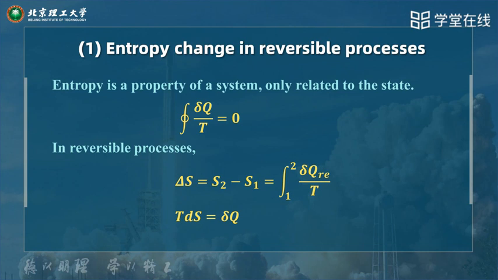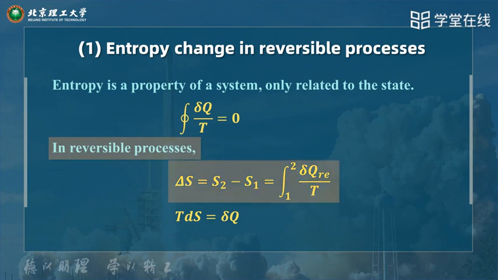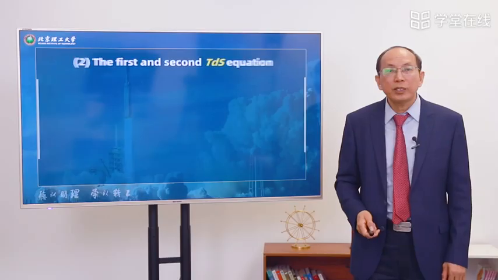So the cycle integration of delta Q over T is always 0 for a reversible process. In a reversible process, delta S, S2 minus S1, equals the integration from 1 to 2 of delta Q over T. So the differential equation is T dS equals delta Q.